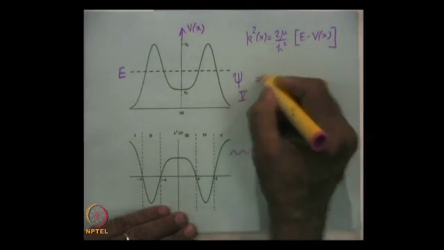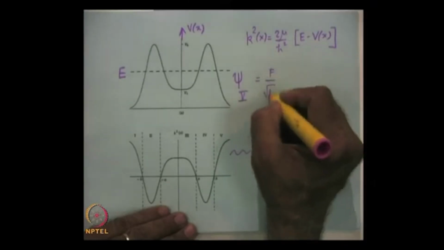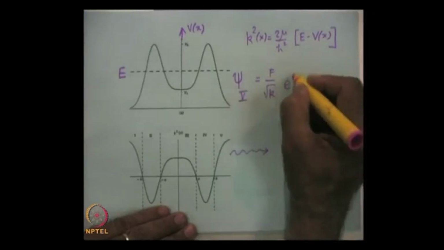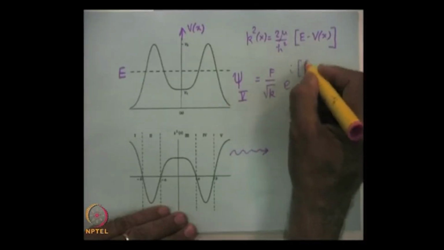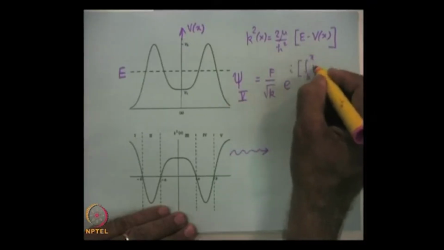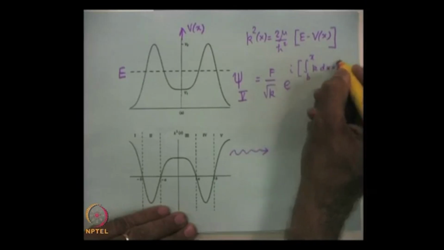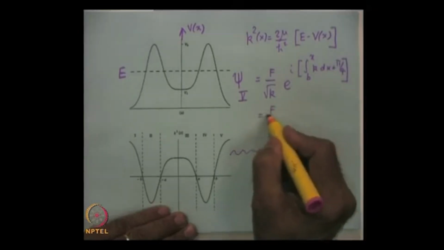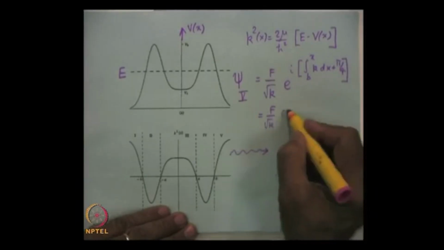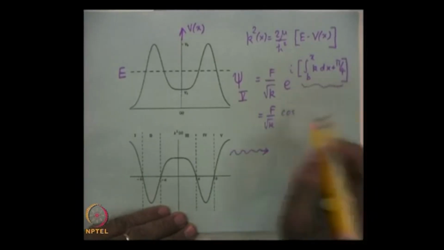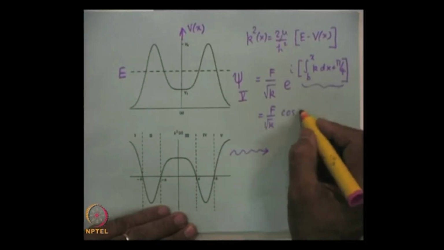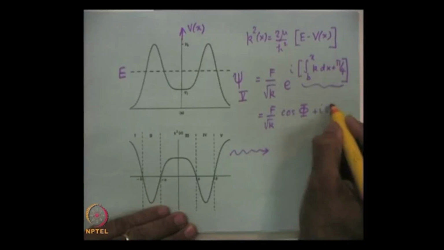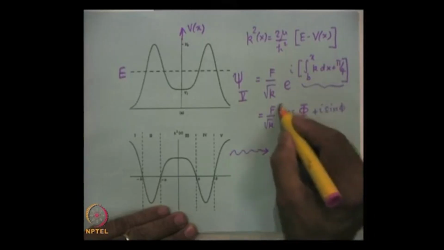We write this as f by root k, e to the power of i integral b to x k dx plus pi by 4, which I write as f by root k cosine of this argument, let us suppose this is capital phi, plus i times sine phi.